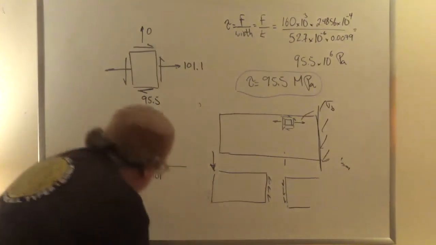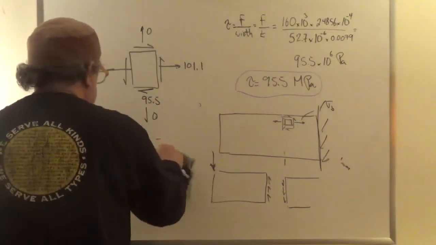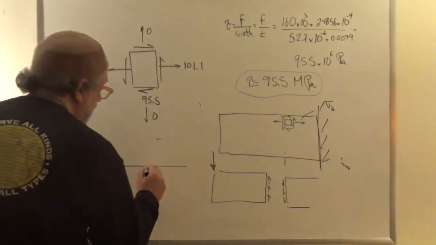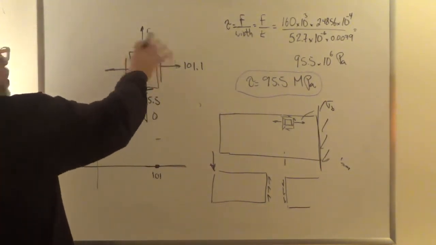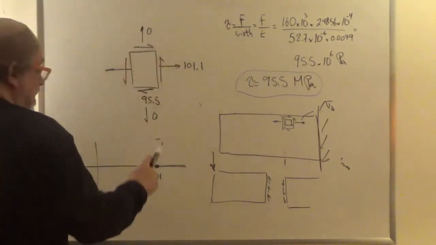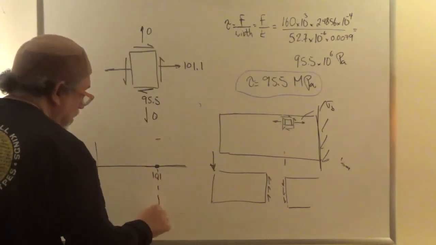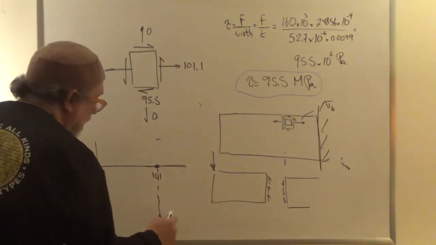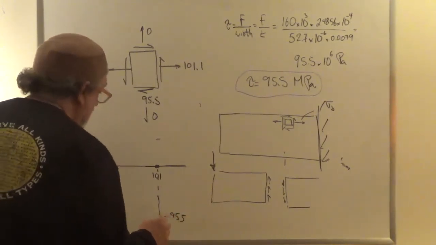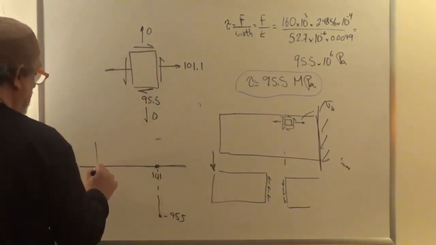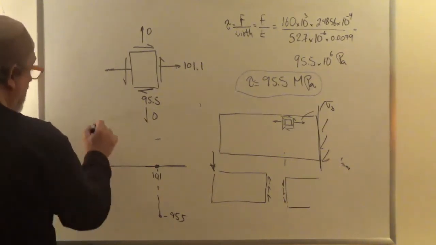It won't really matter, but I should be consistent drawing it, right? So we have 101, and in our Mohr circle, we would plot the shear of that face negative, right? Because it's counterclockwise. So I would come here and say minus 95.5. Then on the other face we have 0 and we have 95.5.